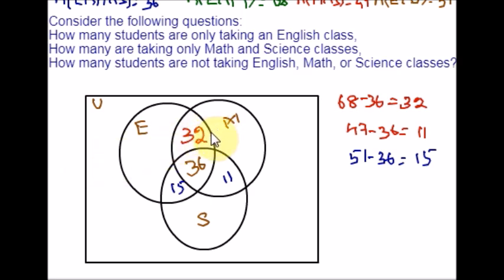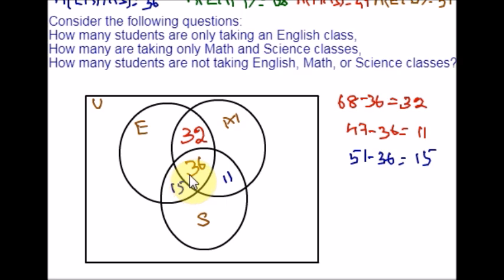Recall that we are going to use the same subtraction process here also. So let's look at the given information. 32 of the students are taking both English and Math classes, 15 are taking both English and Science classes, and 11 are taking both Math and Science classes. 36 students are taking English, Math and Science classes.